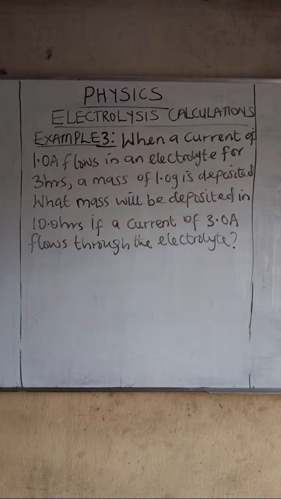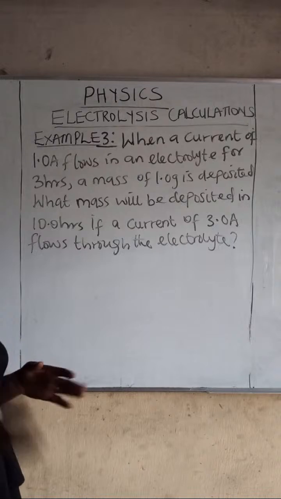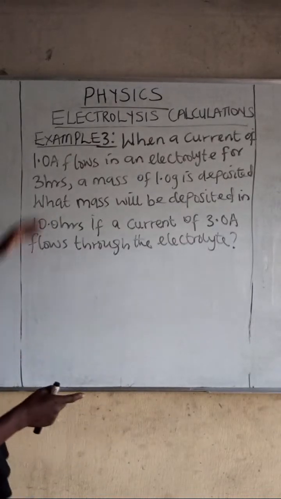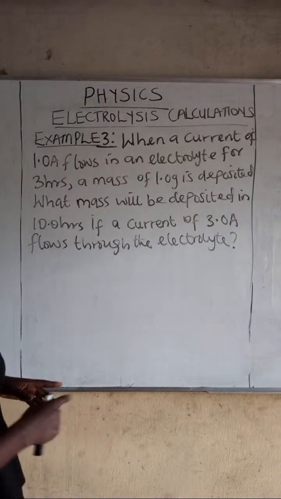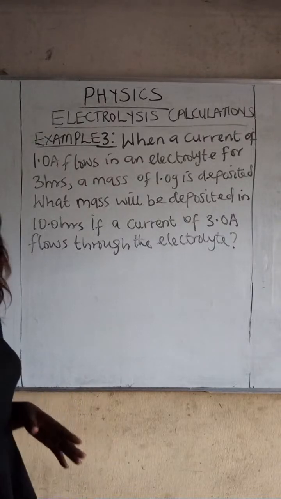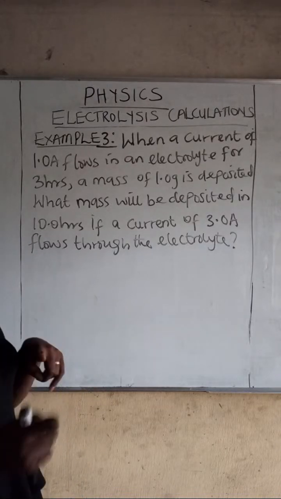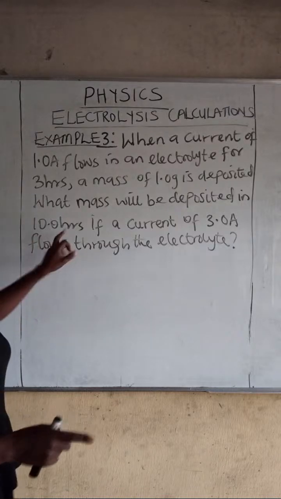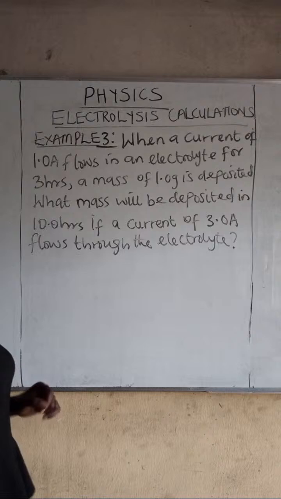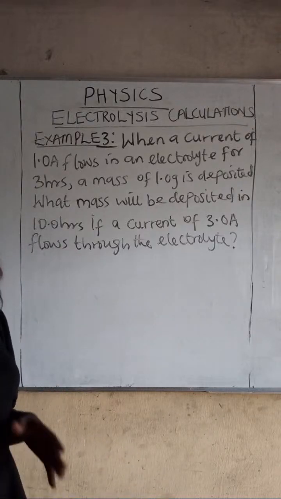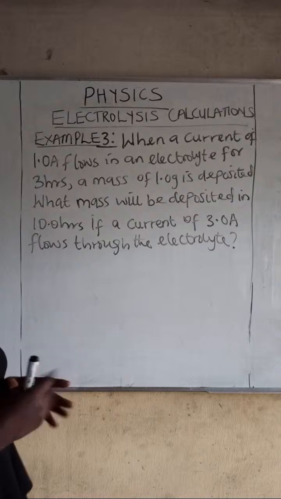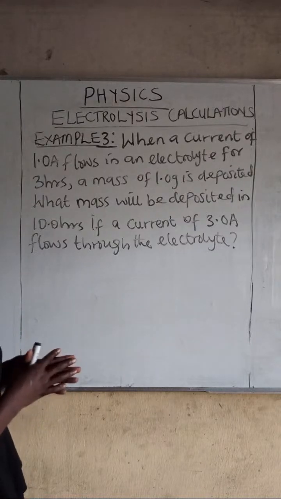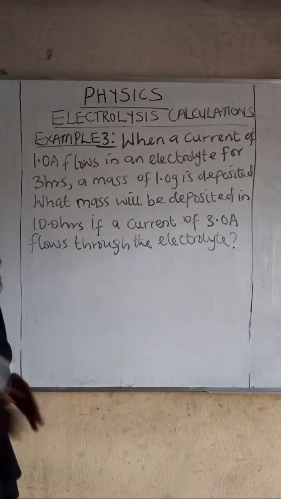All right. This question says, when a current of 1.0 amperes flows in an electrolyte for 3 hours, a mass of 1.0 gram is deposited.